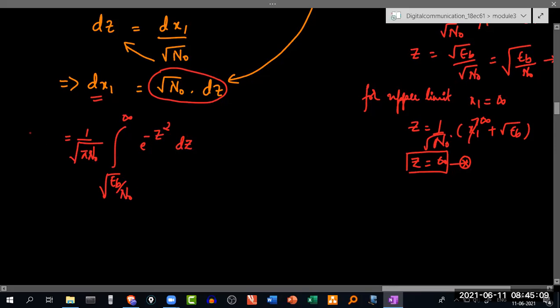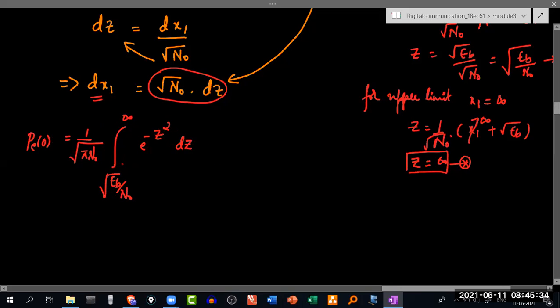So this is equal to the probability of error if the transmitted message symbol is 0. Now its complexity has reduced by a little bit, but it still is a daunting equation. Whenever we have an integral of this kind, it's quite a daunting equation.